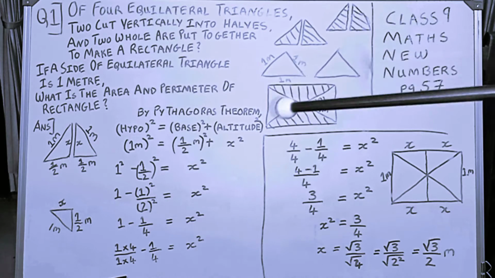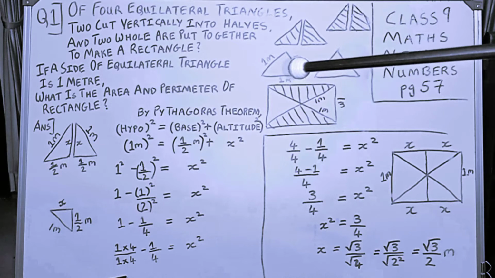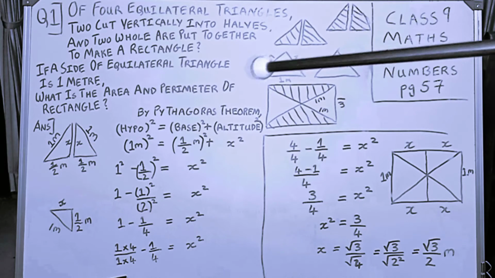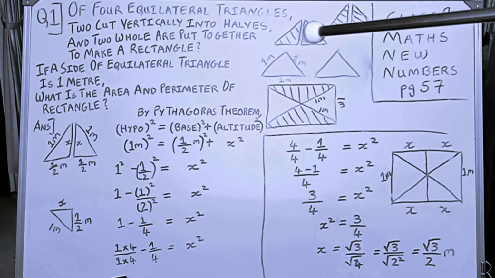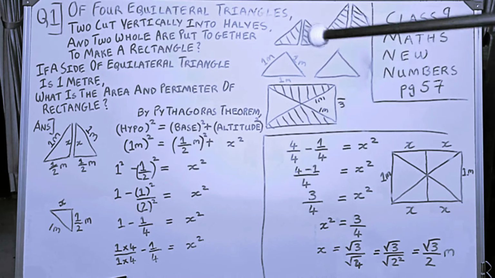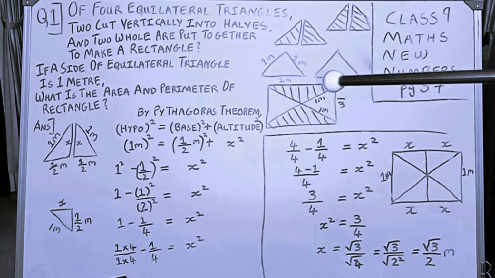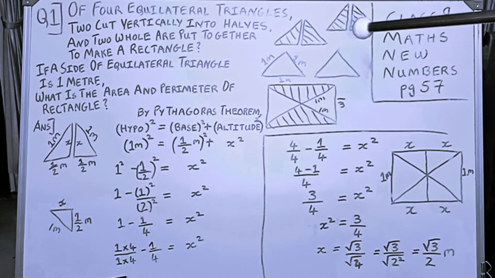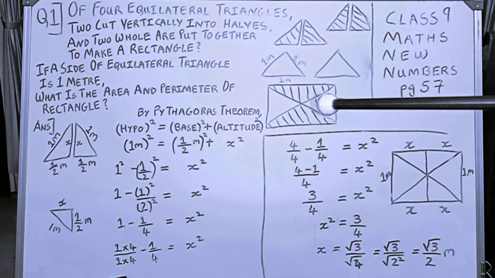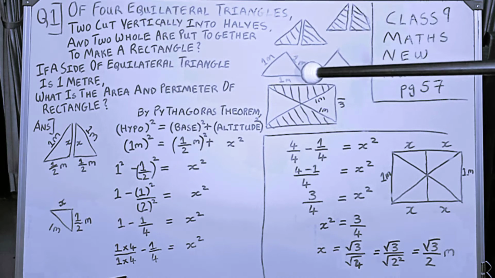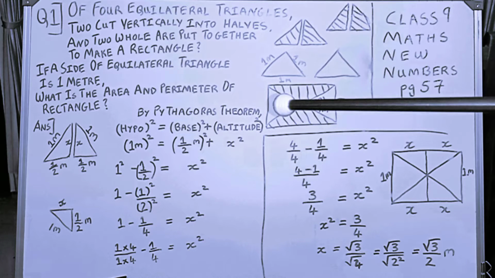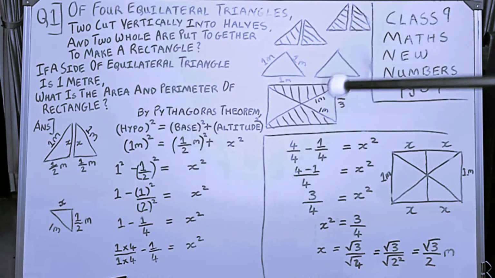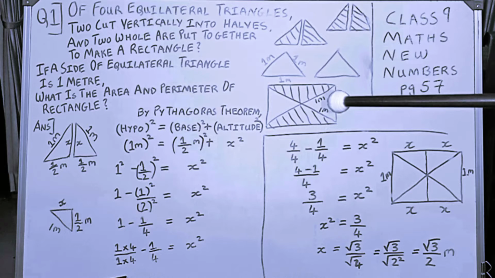Now we have to find the area and the perimeter of the rectangle. We have aligned these two like this on top, and these two at the bottom. This non-split equilateral triangle is put over here, and this non-split equilateral triangle is put over here.